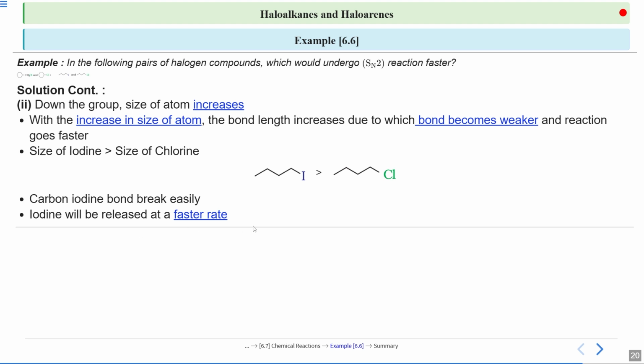So iodine will be released at a faster rate, and iodine will be acting here as a better leaving group. The leaving of iodine from iodobutane will be faster, and you will get a carbon on which the nucleophile can attack. Okay, so the SN2 reaction will be shown by iodobutane much faster, due to the better leaving group present, that is iodine.